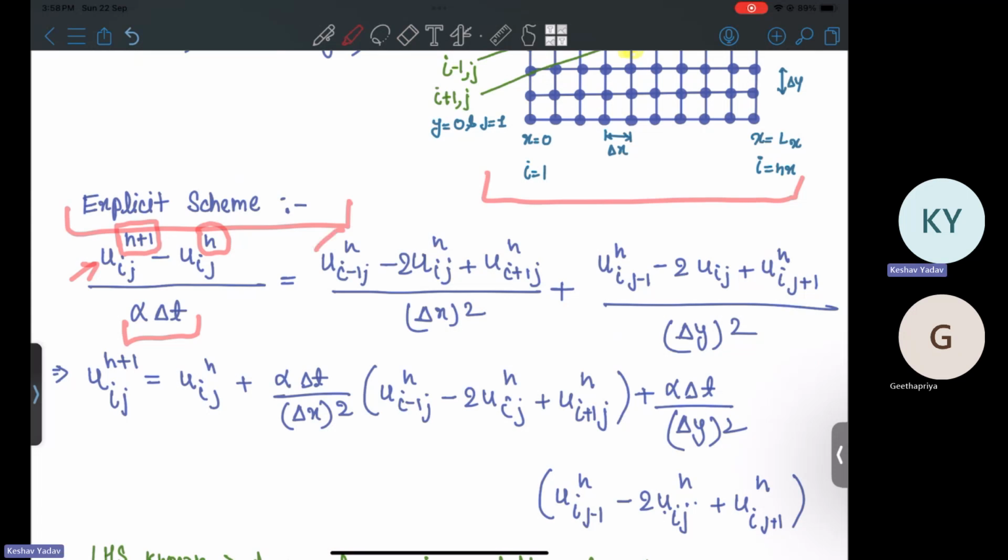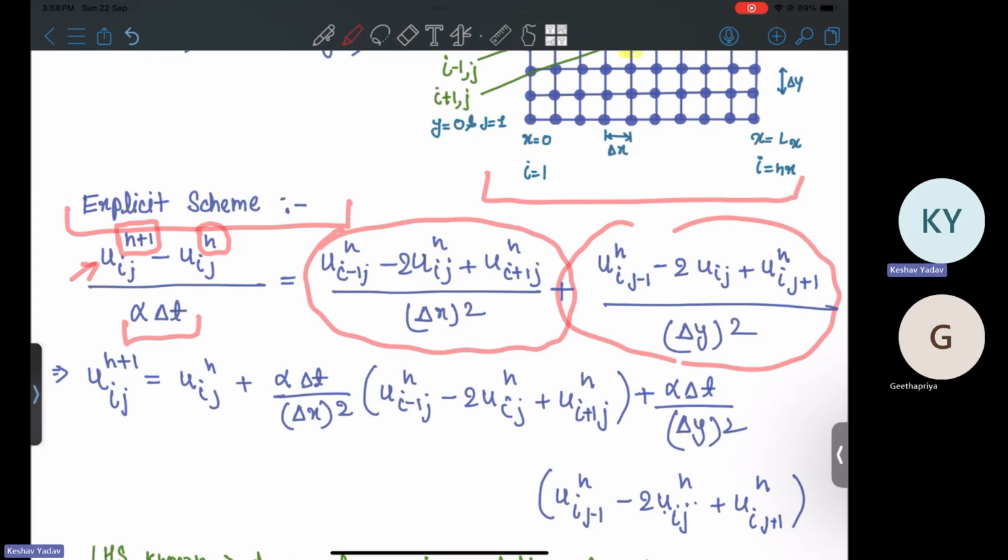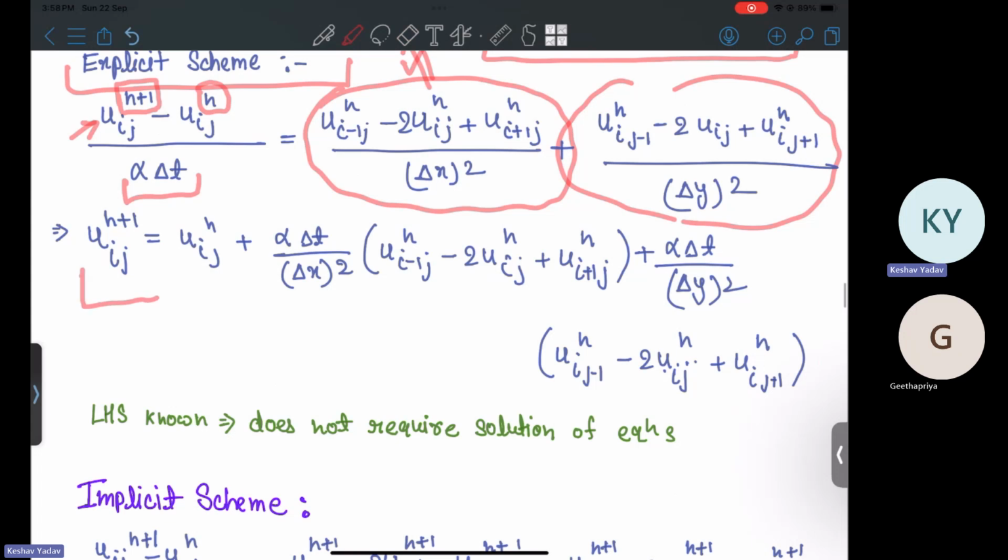So if we write the gradient at nth time, what will be the case? These values are already known. So if we convert this equation, we will get Uij at n plus 1th equal to Ui at nth plus the terms at nth at different grid points.